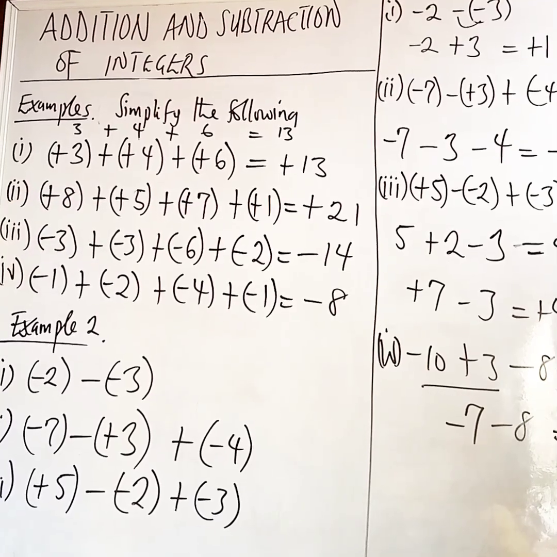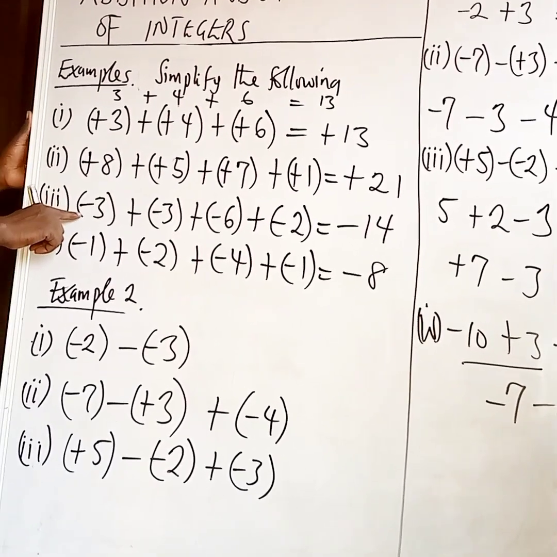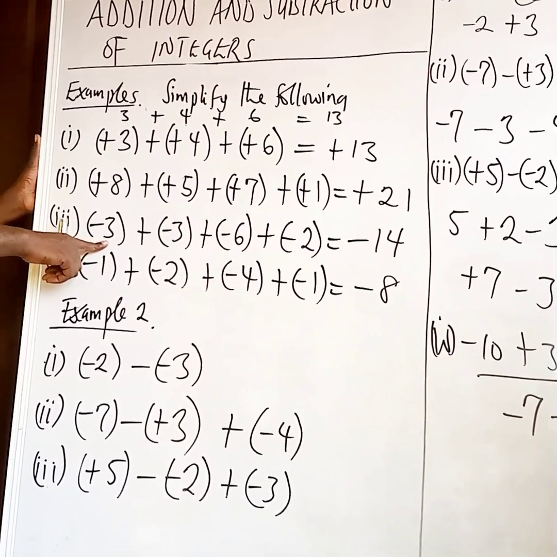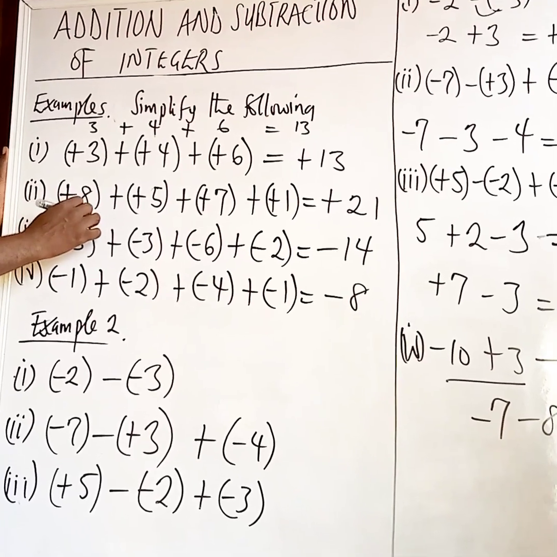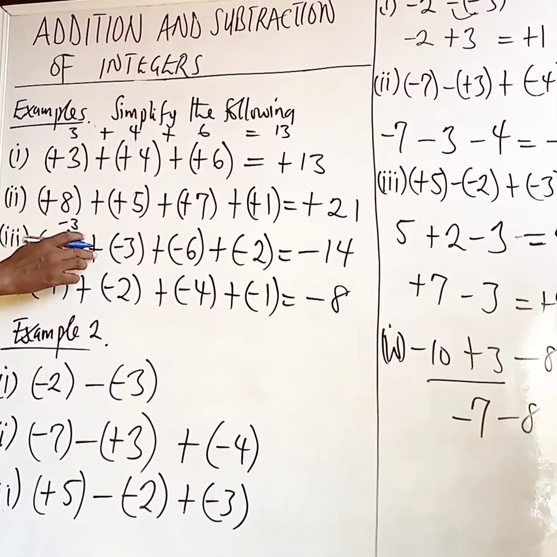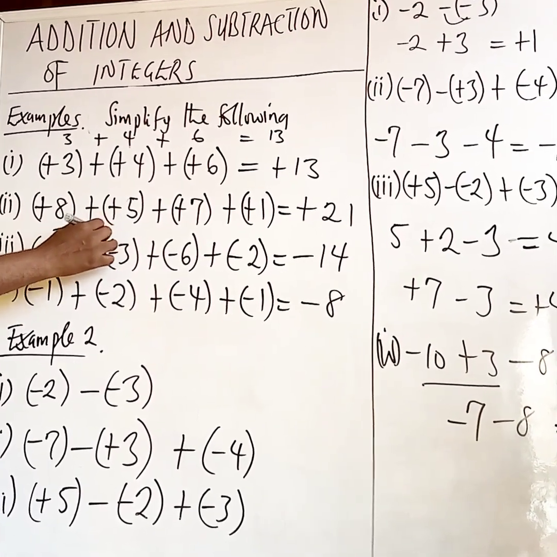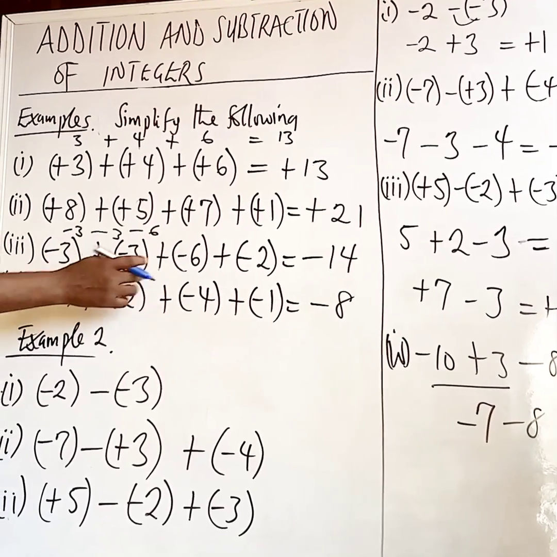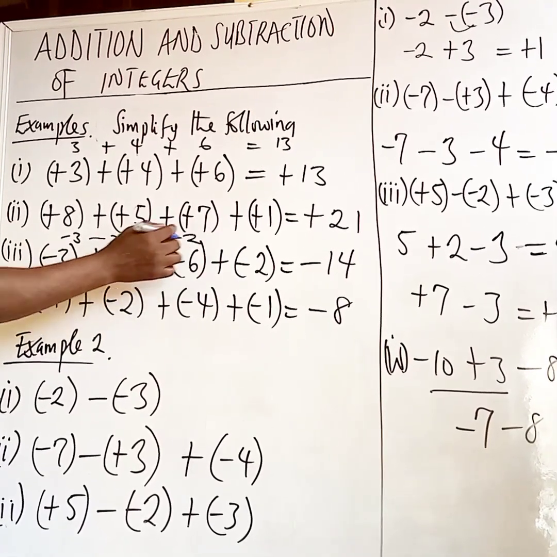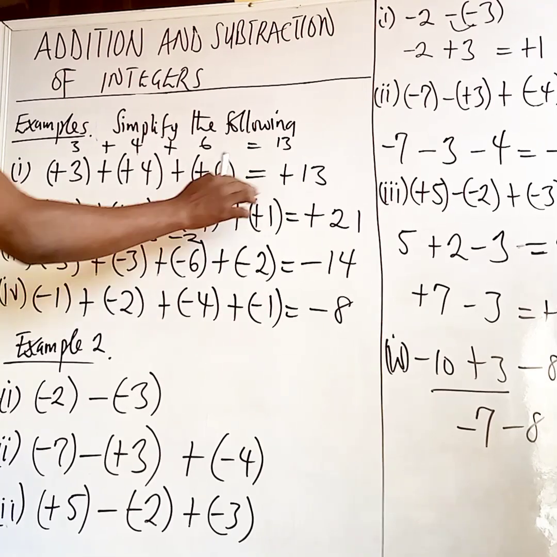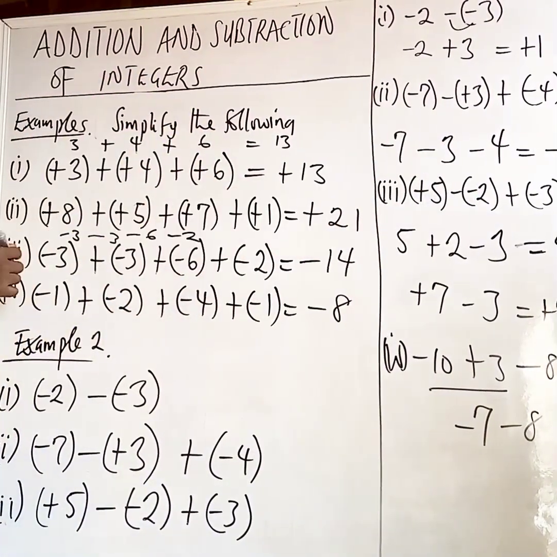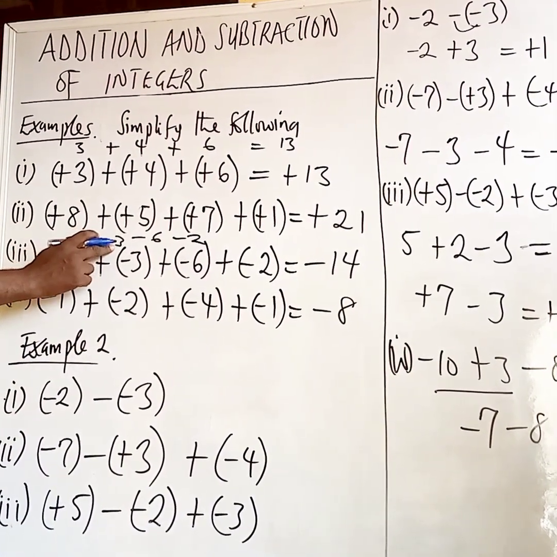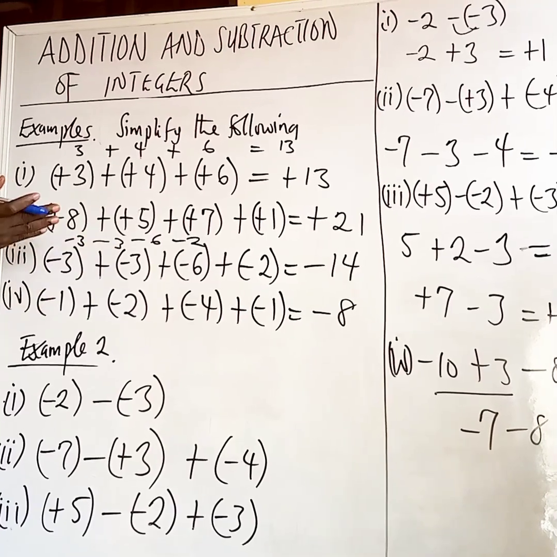For this negative part, this negative 3, the negative will not disappear, so I will write this as negative 3. Plus times minus, that's minus 3 again. Plus times minus, that's minus 6 again. Plus times minus, that is minus 2 again. So you can see, this is just similar to this one. Here now we have minus 3 minus 3.